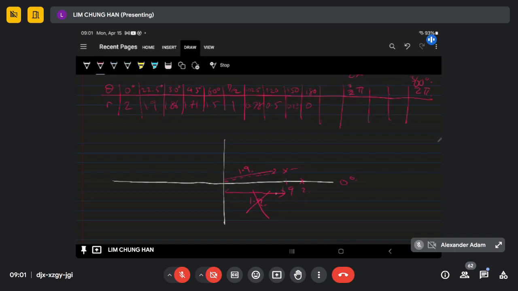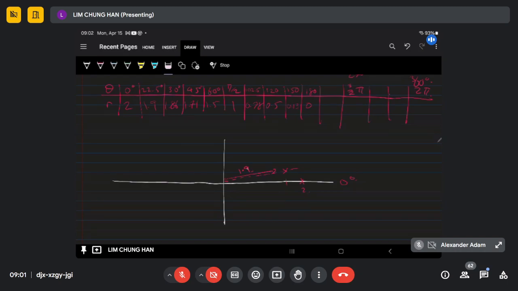The r is not along the x-axis, it's along the slanted axis, the angle that you draw. Do you understand? Yes. Does everyone else understand? Understood.